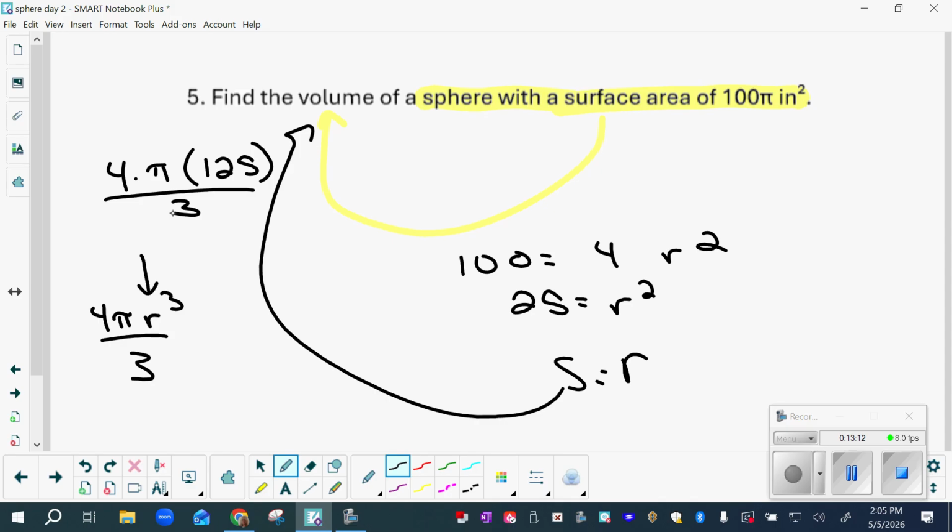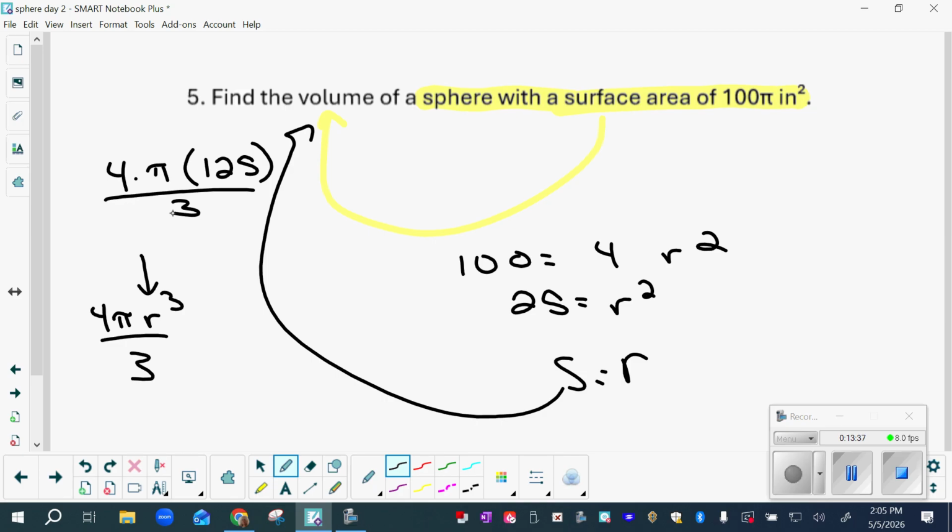Isn't it 5 times 5 times 5? When you put it with the volume, the 4 pi r cubed over 3, right, but I don't want the radius. I want the actual volume. Oh, yeah. There you go. Do you see where I got the 5? Now what I want to do is plug it into the volume.